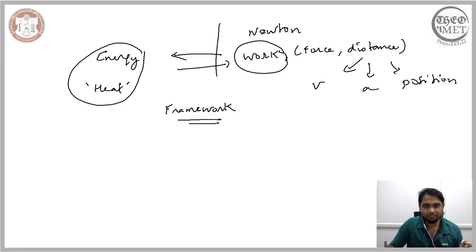And this single framework, wherein we study the combined effect of heat and work, the interplay of heat and work, how one can be transferred to another, is what we refer to as thermodynamics.